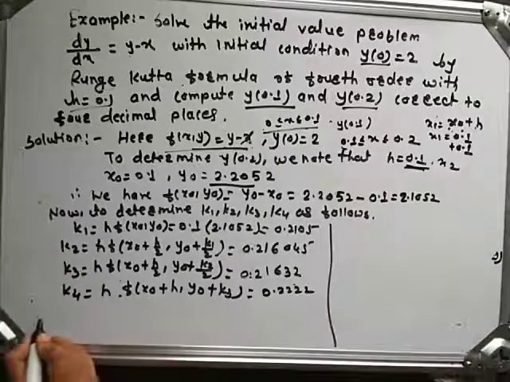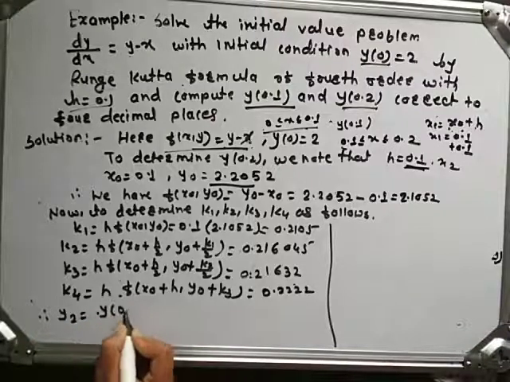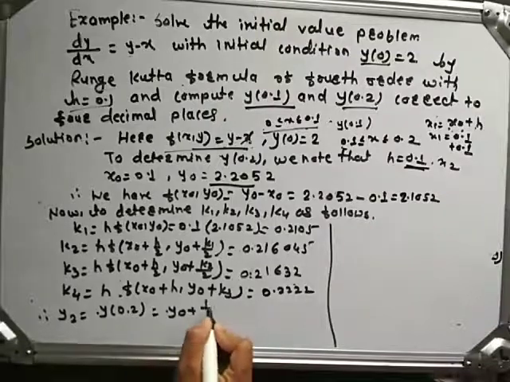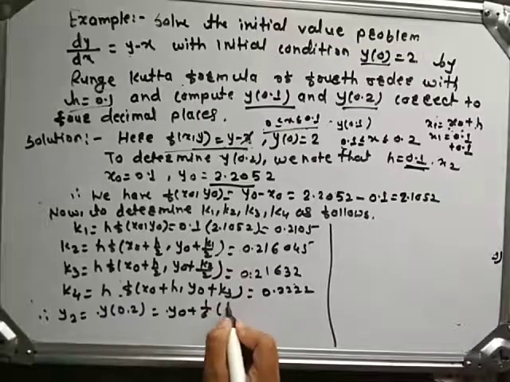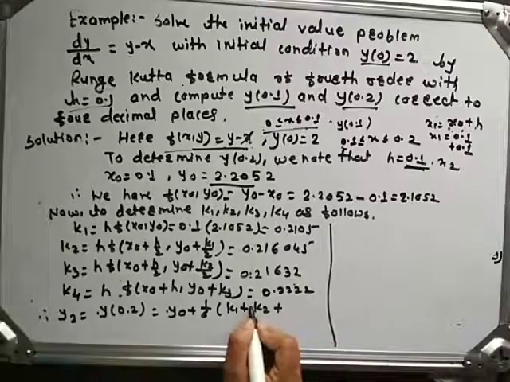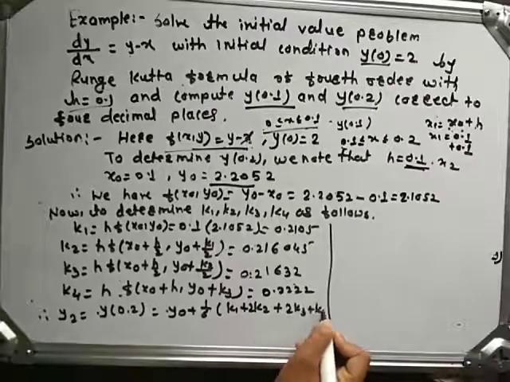These are the values of K1, K2, K3, K4. Now our formula is y2, which means y of 0.2. That formula is y0 plus 1 by 6 into K1 plus 2 into K2 plus 2 into K3 plus K4.